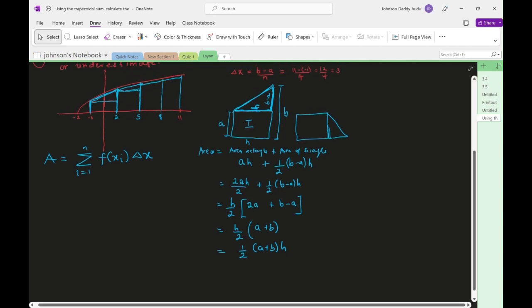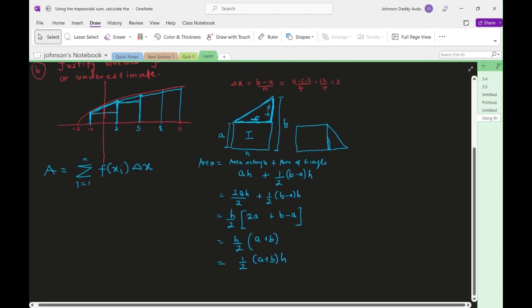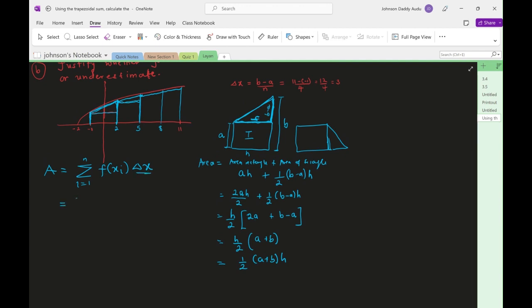We already know our delta x is 3, so everything is 3. The 3 can come out, so you just have the summation from i equals 1 to n of f of xi. Okay, now, how do we get f of xi?